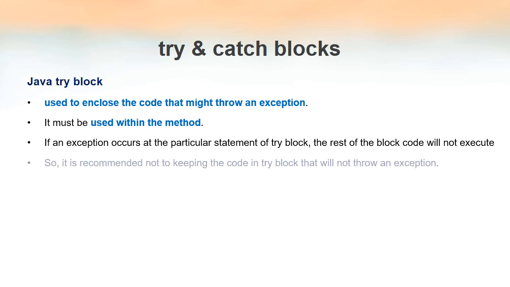So it is recommended to write only those lines of code that may cause an exception inside the try block. We do not have to write the entire program inside the try block, only those lines of code from which we expect an error.